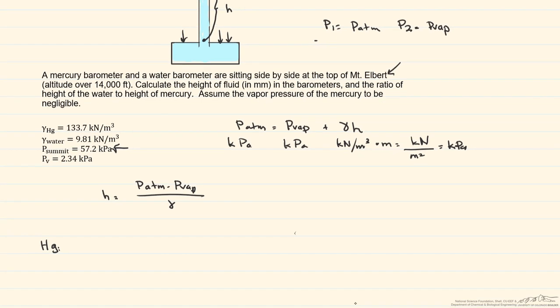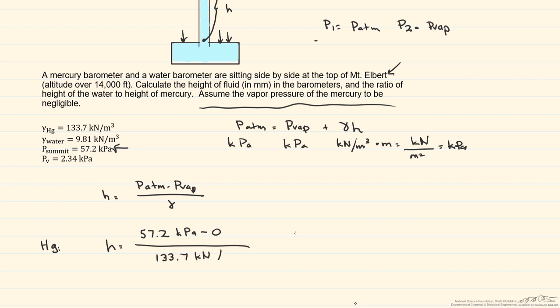So H is equal to 57.2 kilopascals, and if you note in the problem statement, it says to assume the vapor pressure of the mercury is negligible, so this is minus 0, and we divide by 133.7 kilonewtons per meter cubed.